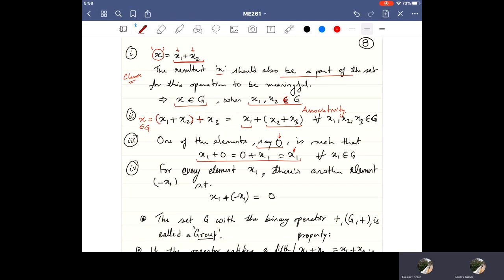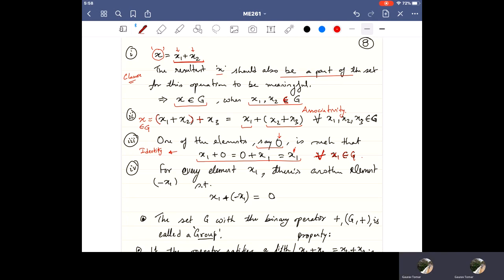Okay, and this is going to be true for every element that you can pick from the set G. For every x1 that belongs to the set G, this is how we denote it. Okay, so now this special element is called the identity element. So existence of the identity element is a must for something to be defined as a group.